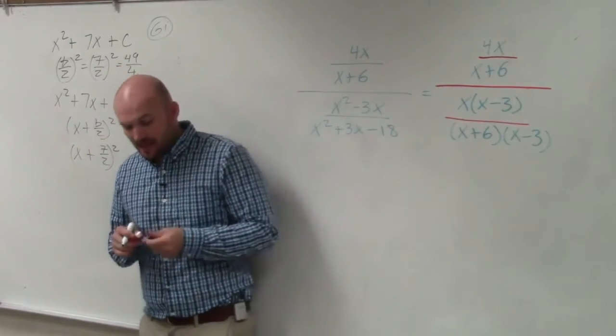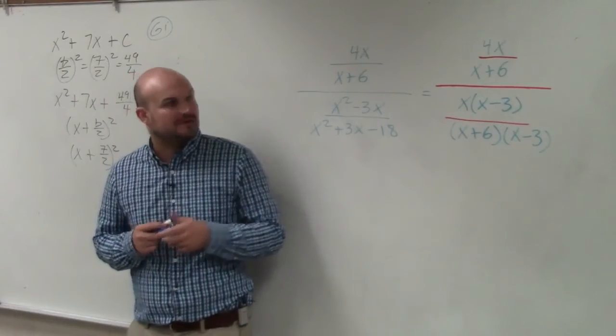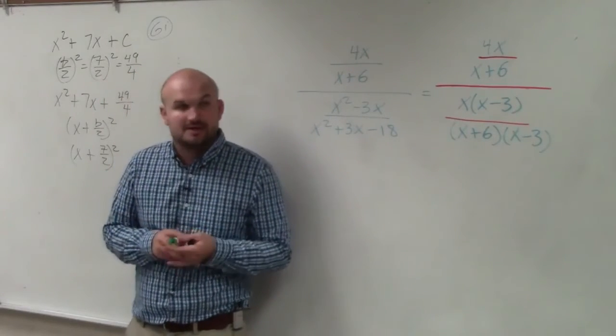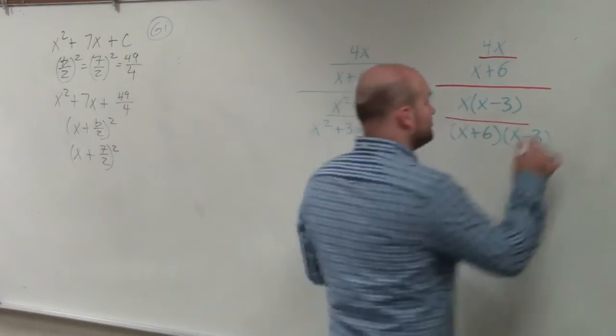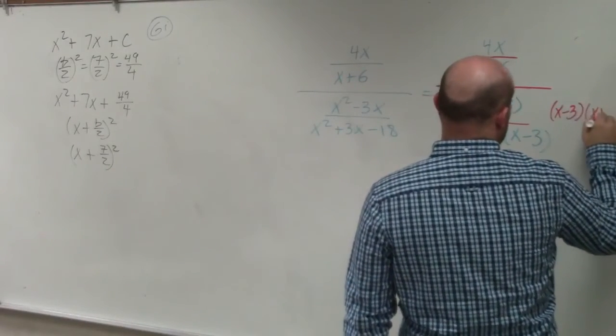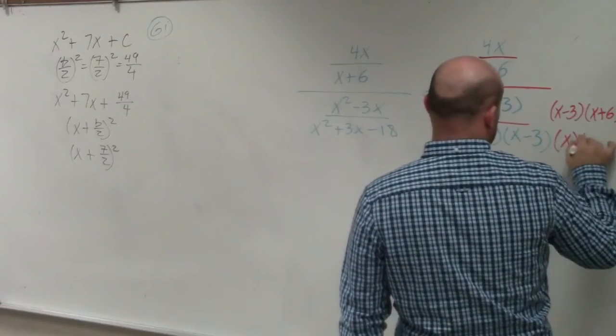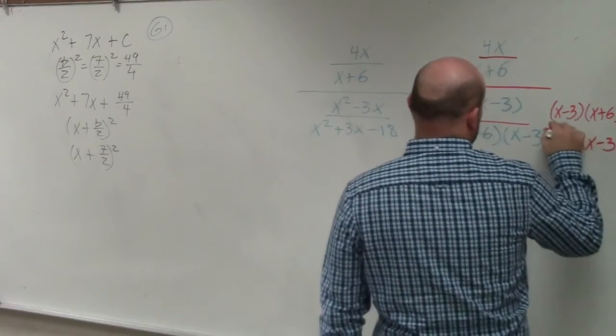Now, what I try to reiterate for everybody is that whenever you're trying to get a fraction off the denominator, the best thing to do is multiply by its reciprocal. So I'm going to multiply by x minus 3 times x plus 6 over x times x minus 3.